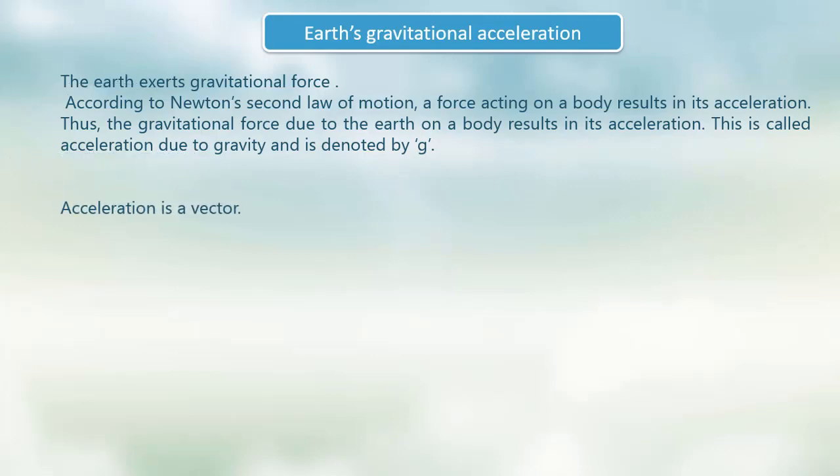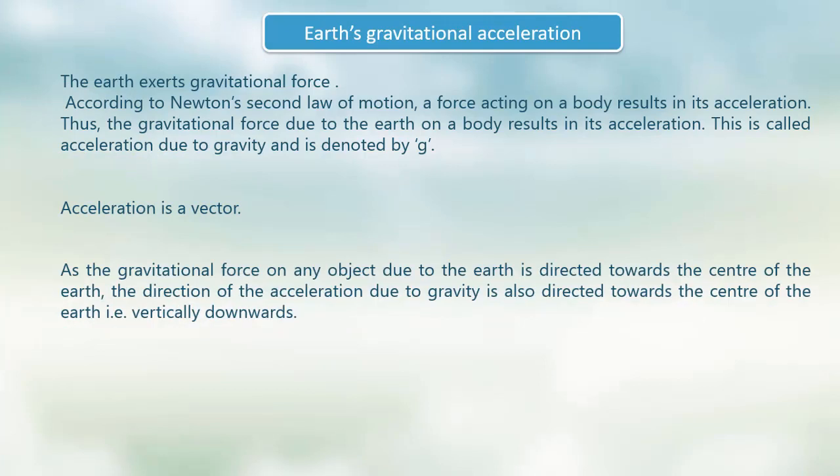Acceleration is a vector. As the gravitational force on any object due to the Earth is directed towards the center of the Earth, the direction of the acceleration due to gravity is also directed towards the center of the Earth, that is vertically downwards.